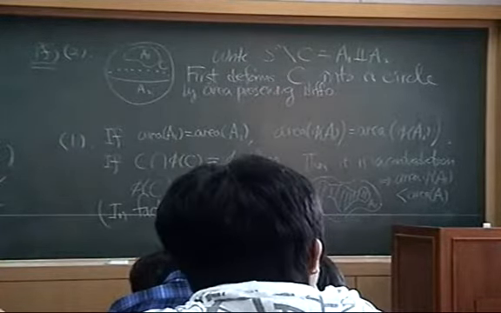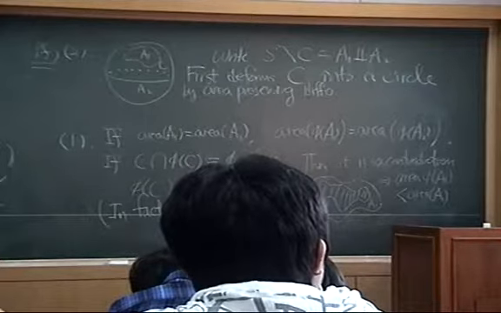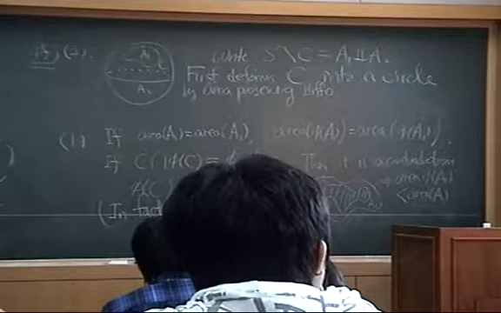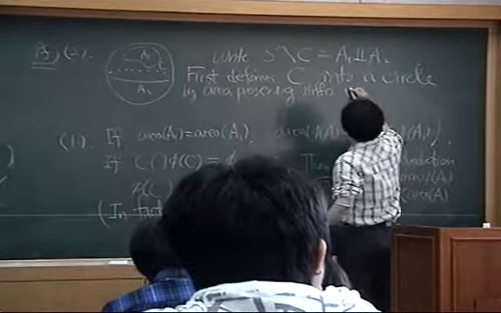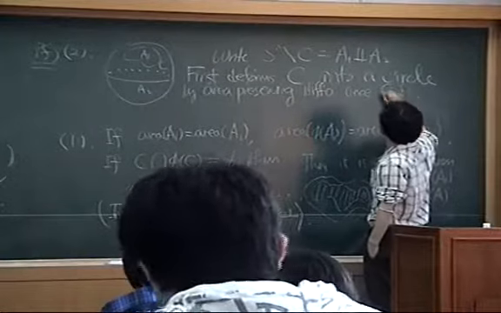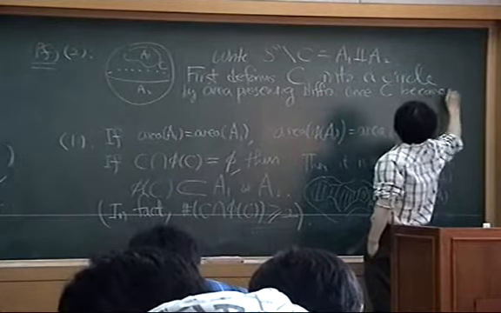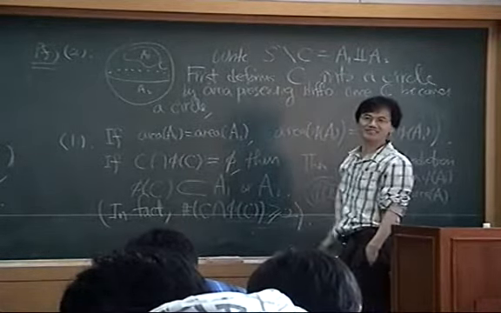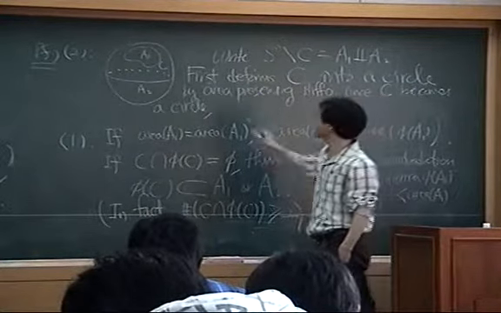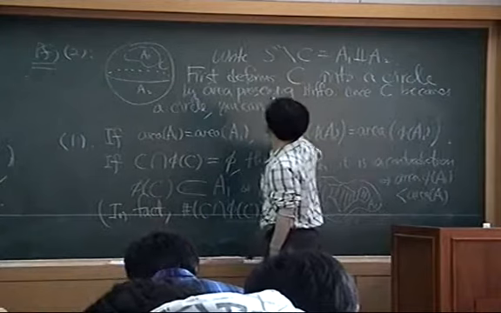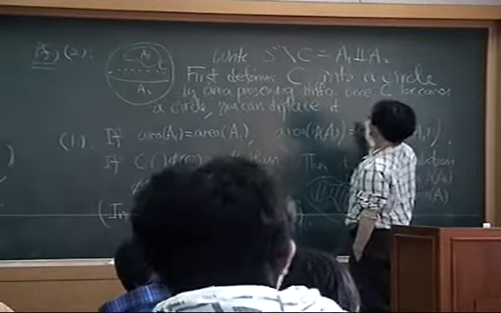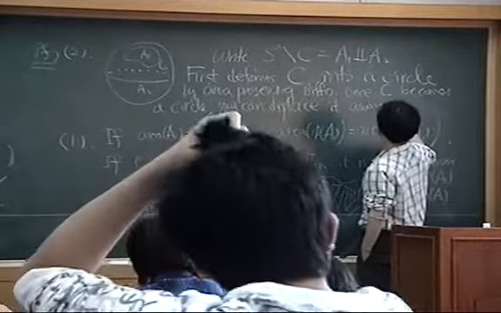You just stir the water so that this curve becomes a circle, and since the area must be preserved, once we have made C a circle, then you can easily displace it away by a rotation.